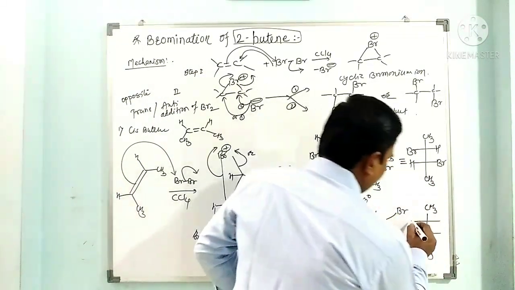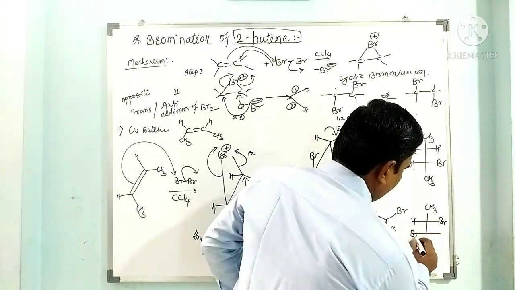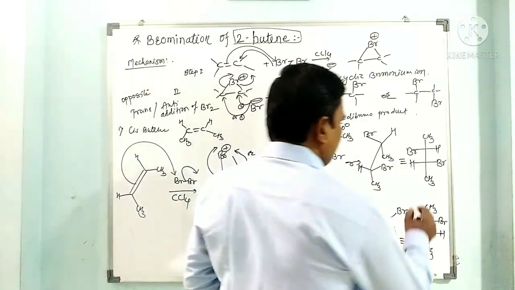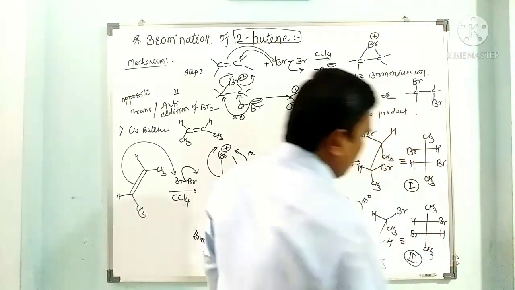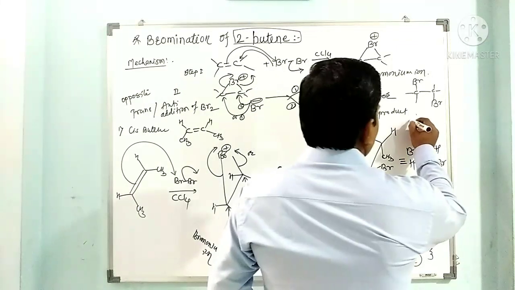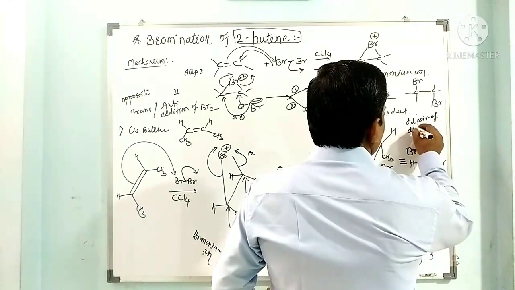So H Br, and here this is Br H. When we see the relation between compound 1 and compound 2, both are enantiomers of each other. So this is the DL pair of dibromobutane.